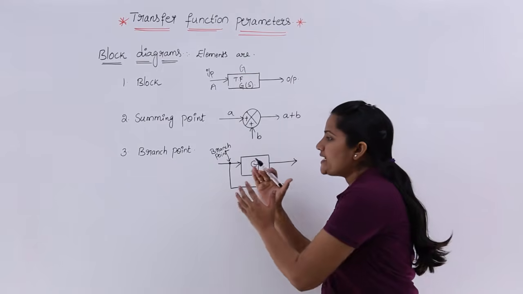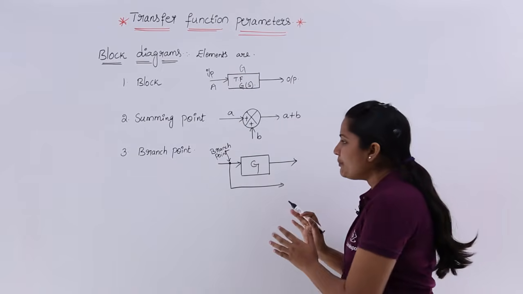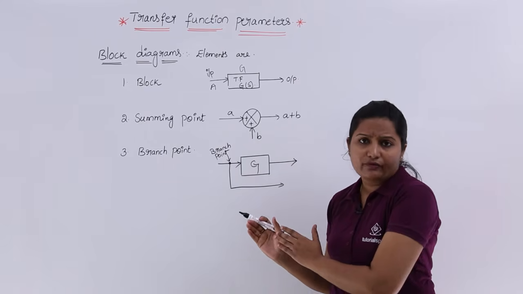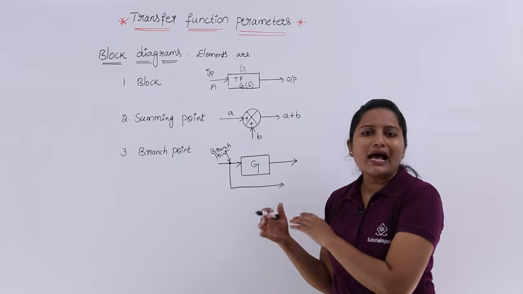And coming to the branch point. This is the point from which a signal will go from a block concurrently to another block.